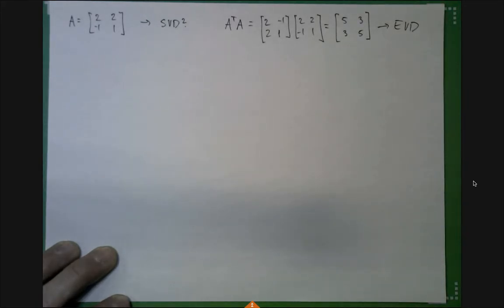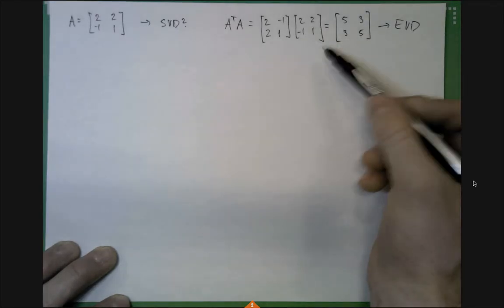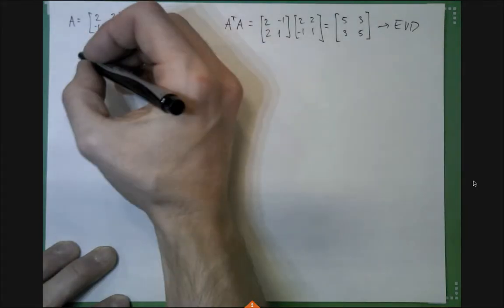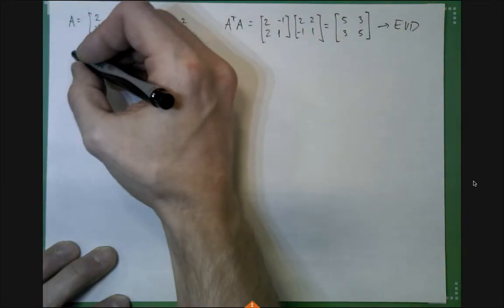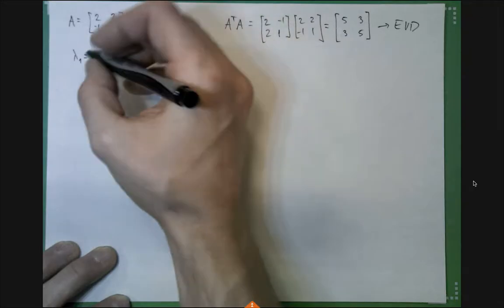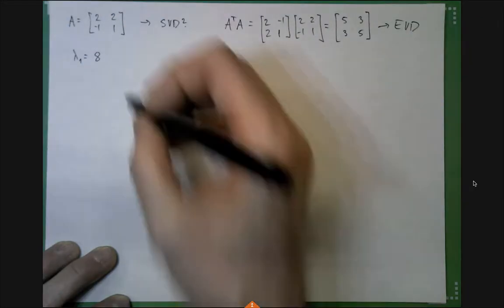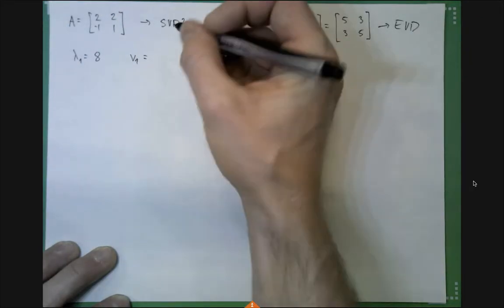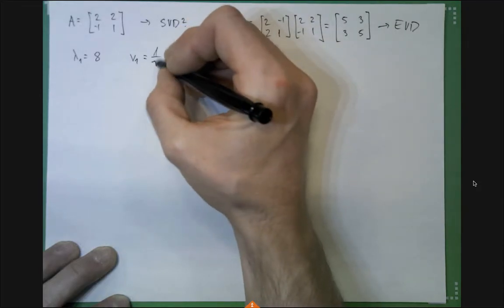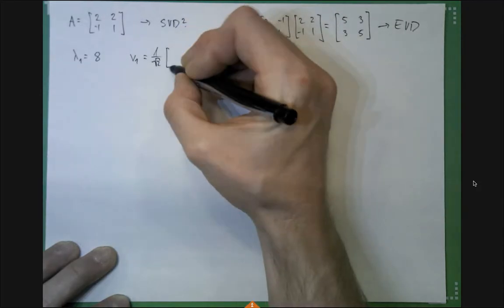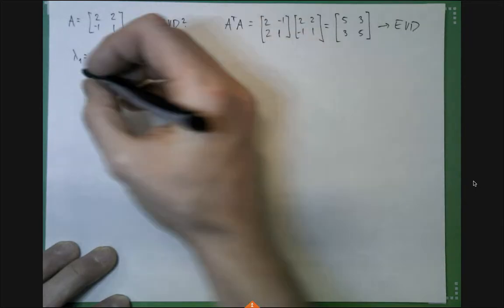Well, you should know how to do this, so I will not go through that again. I will just show you what you get. The first eigenvalue, lambda 1, will be 8, and the corresponding eigenvector after you normalize it, 1 over square root of 2, you get this as an eigenvector.